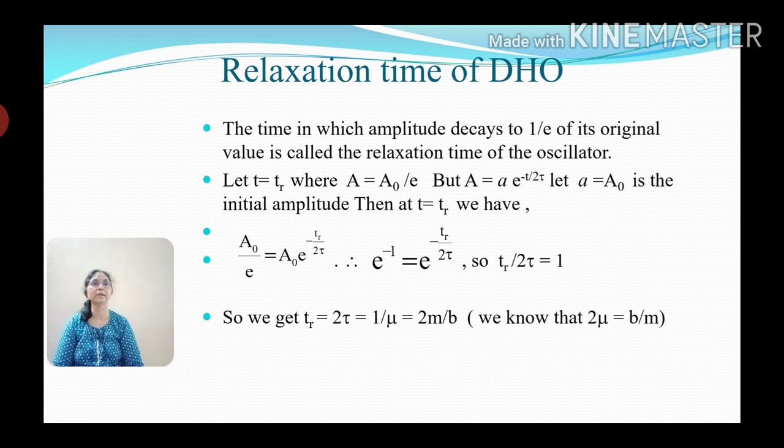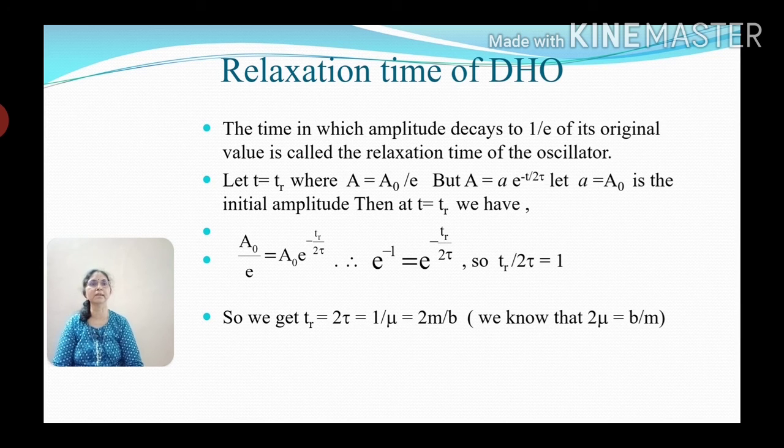So, whatever we have written earlier, A is equal to small a e raised to minus t upon tau. What is small a? That is equal to A0, the initial amplitude at t is equal to 0. So, we write that at t is equal to Tr, A is equal to A0 by e, which must be equal to A0 e raised to minus Tr upon twice of tau.